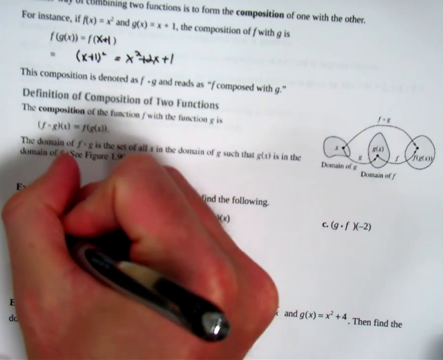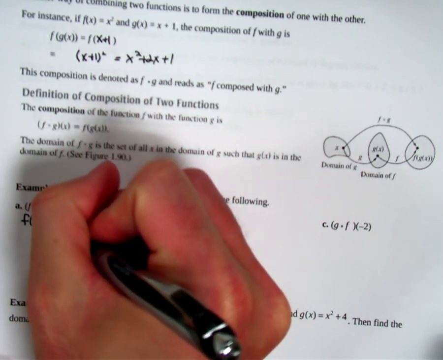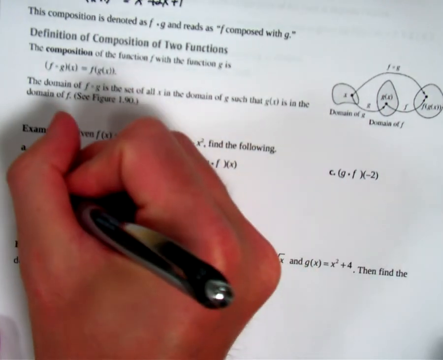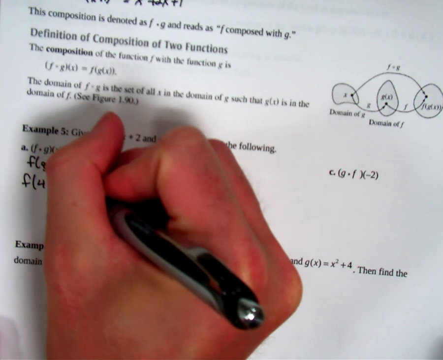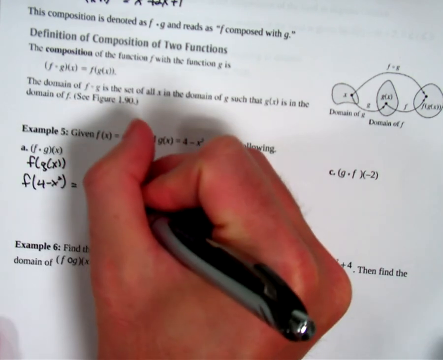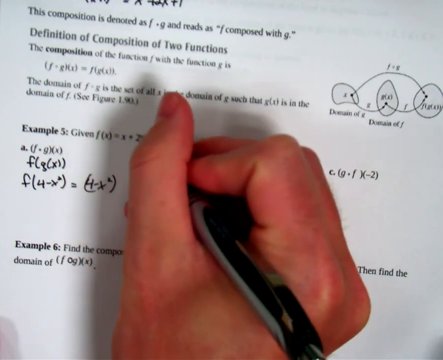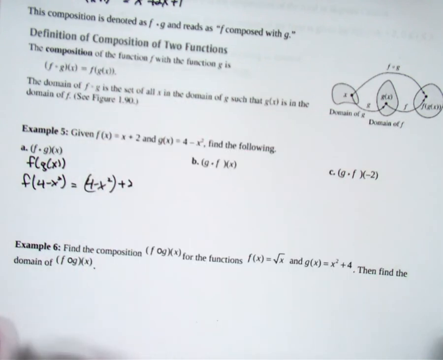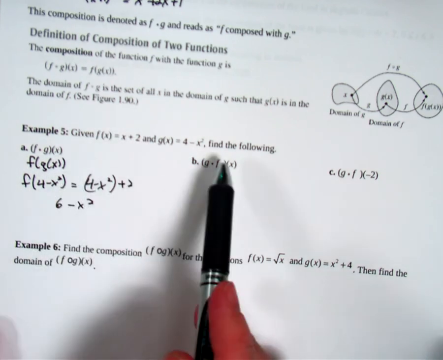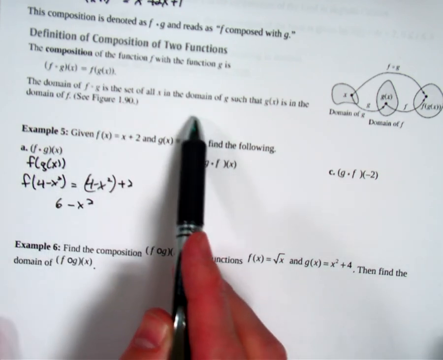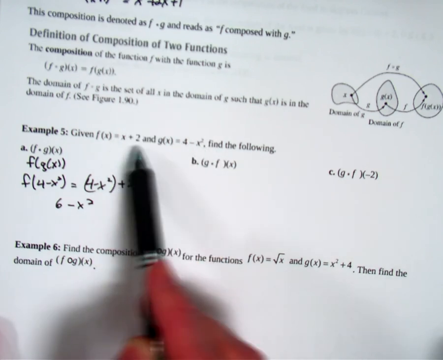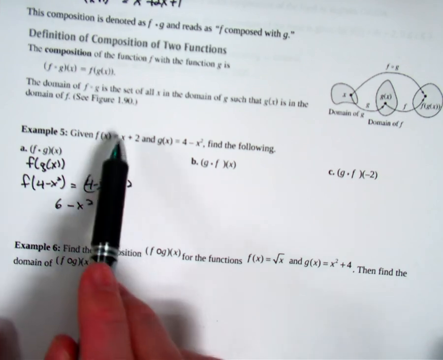So this is really f of g of x. g of x is 4 minus x squared, and that is going in for the x. 4 minus x squared plus 2, 6 minus x squared. So you're taking the g equation and putting it in for x. That whole thing goes in for that one x in the f equation. It gets really confusing when there's more than one x over here.